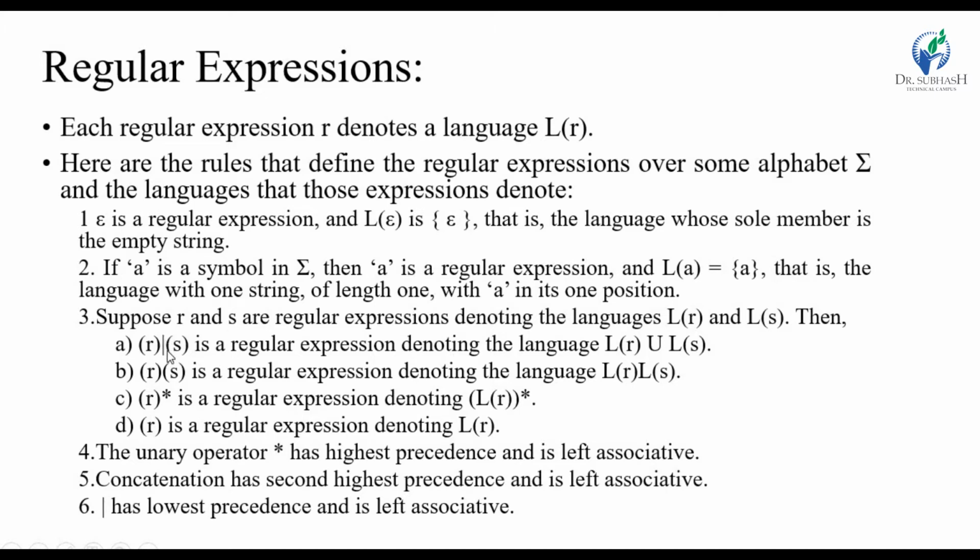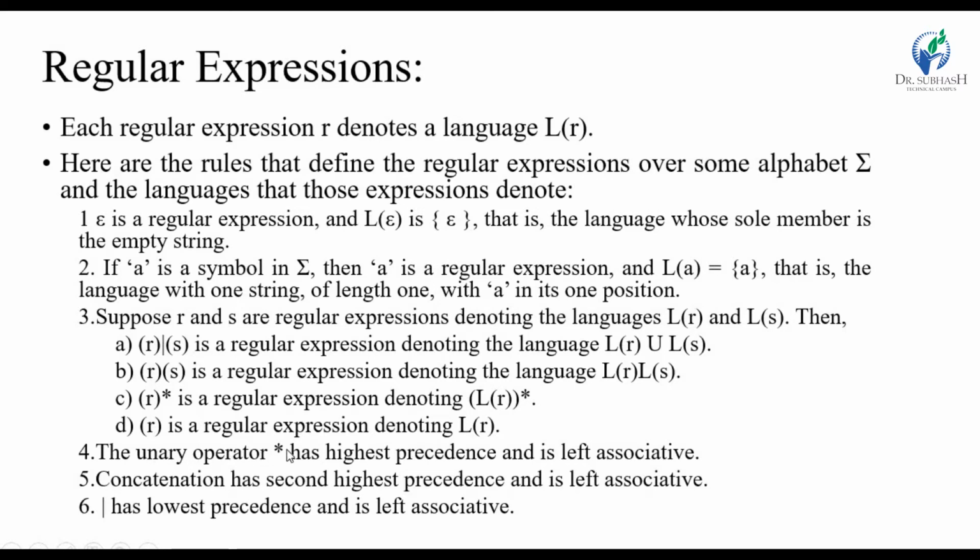This is denoted by OR or plus sign. R S is a regular expression denoting the language L of R concatenated with L of S. R star is a regular expression denoting the language L of R star.